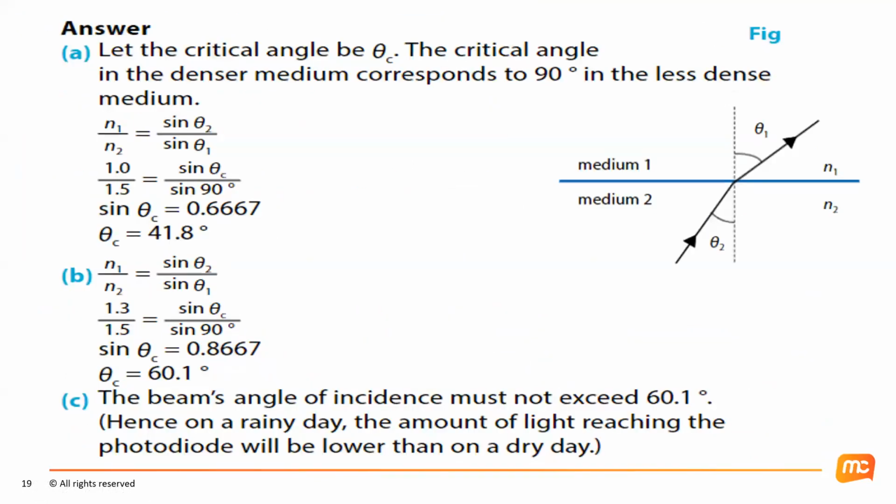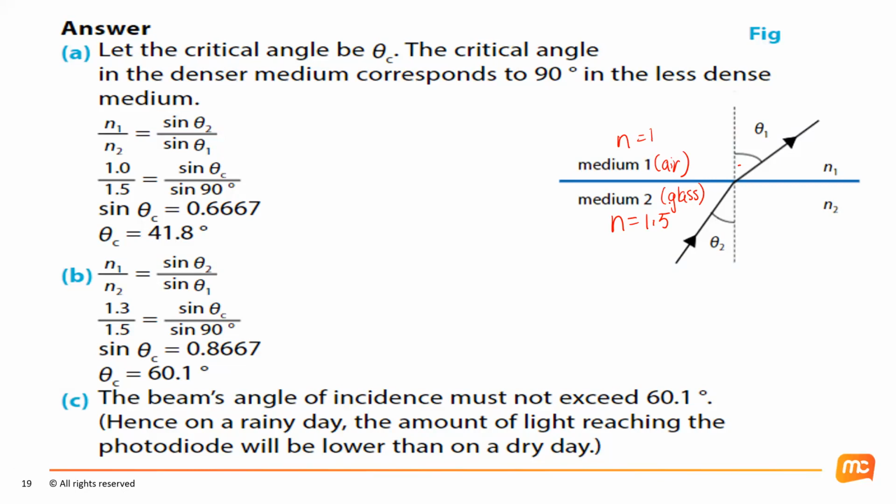So I'm going to jot down over here. Medium 1 is air, and the refractive index is 1. Medium 2 is glass, and the refractive index is 1.5. I want to calculate the critical angle.